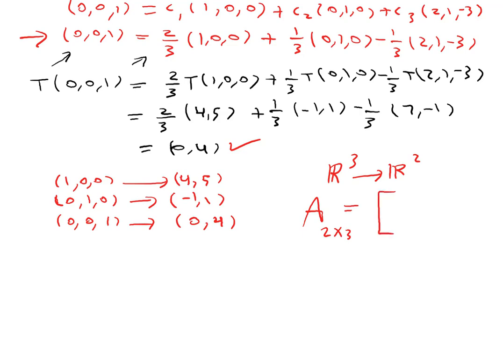See if you could write this as 2 rows and 3 columns, just by looking at the left. Okay, here's one way to do it. I'm going to write 4, 5. I'm going to go with columns now.